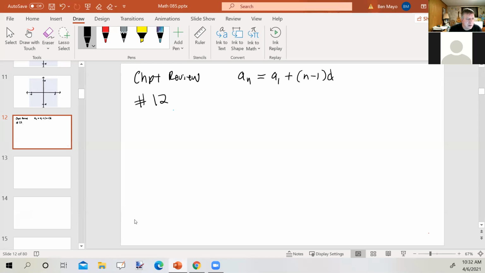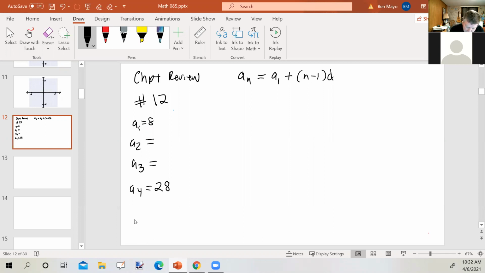It says two arithmetic means between 8 and 28. So a sub 1 is 8. Then we have a sub 2 and a sub 3, which we need to find. And then a sub 4 is 28. Any questions about how I established that that was a sub 1 and a sub 4?